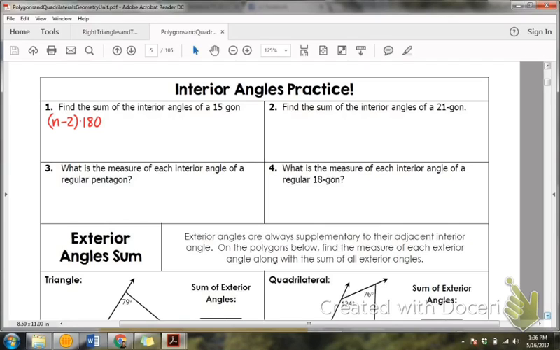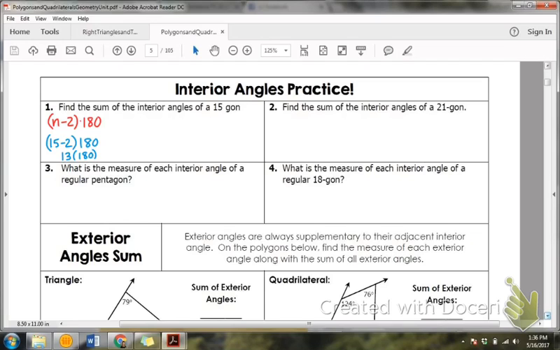That's going to figure out the sum of the angles on the inside. So what is my n value? 15 is the n value. So we're going to put 15 minus 2 times 180. And what is 15 minus 2? We know it is 13 times 180.